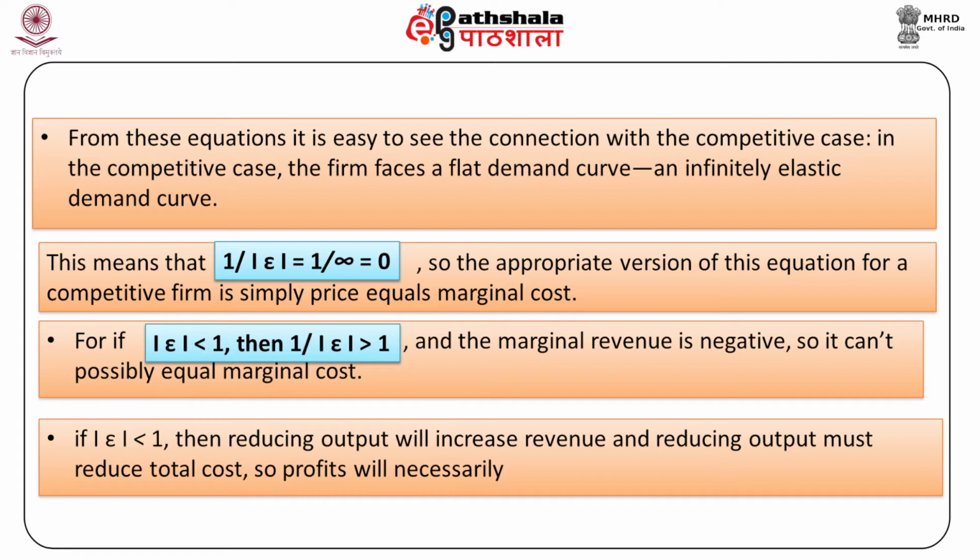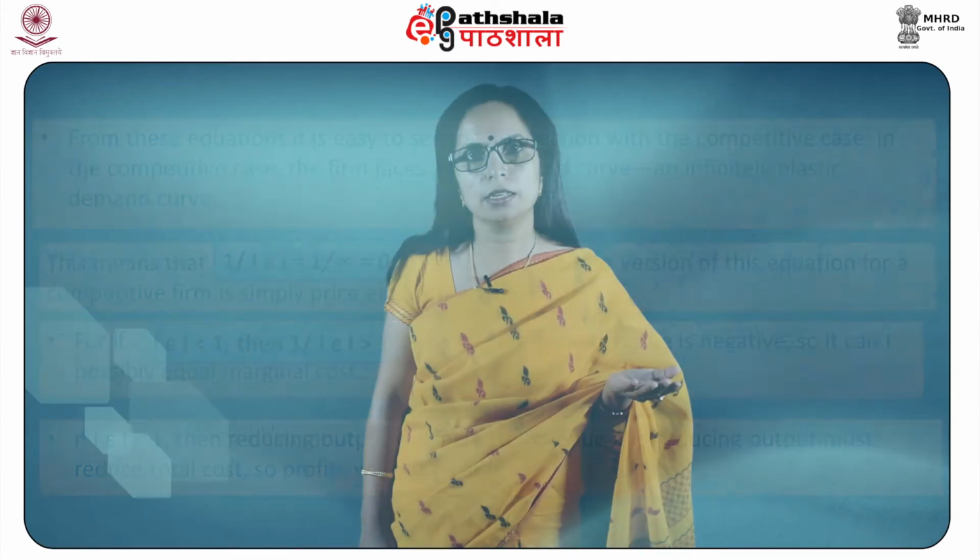The meaning of this becomes clear when we think of what is implied by an inelastic demand curve. If the absolute value of sigma is less than 1, then reducing output will increase revenue, and reducing output must reduce total cost. So, profits will necessarily increase.